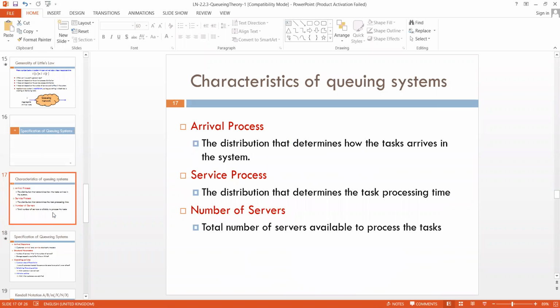Yeah, so in specifying a queuing system, okay, here we are talking about the characteristics of the queuing system. Like we said, we have the arrival process, okay, we know what it is, the service process, the number of servers. We need to know how many servers are available when modeling and simulating.